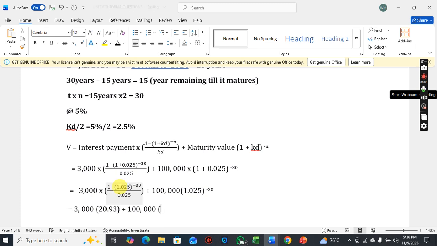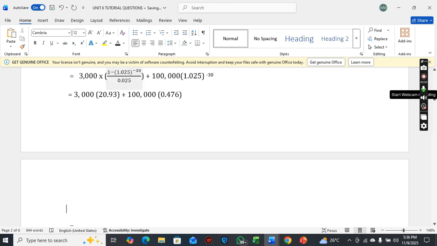Yes, colleagues, so were we getting 20.93 there for the annuity factor? Yes, sir. Okay, wonderful.